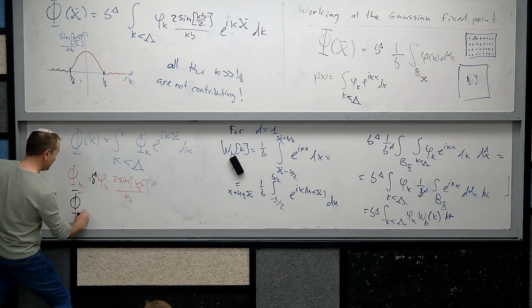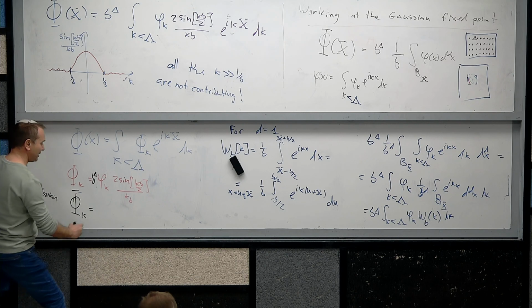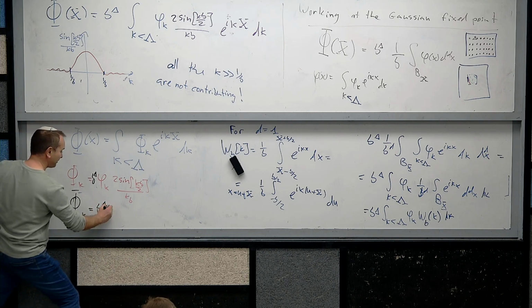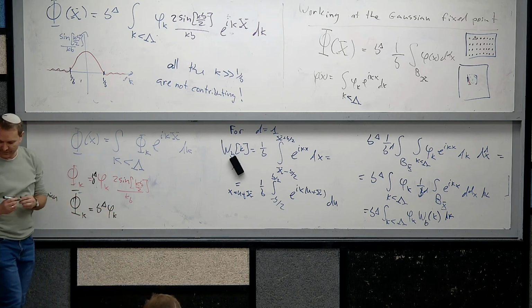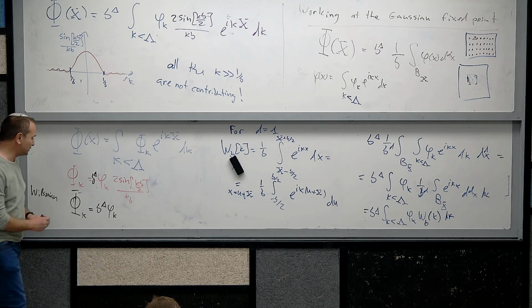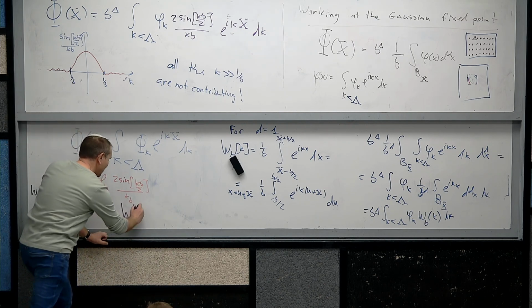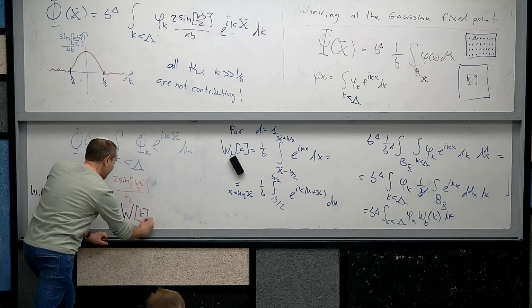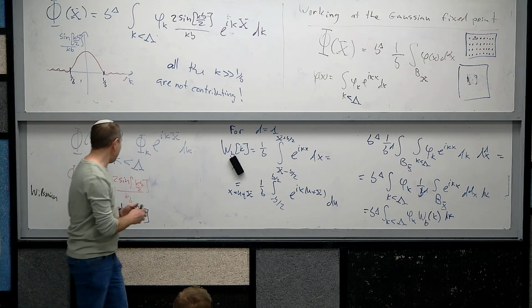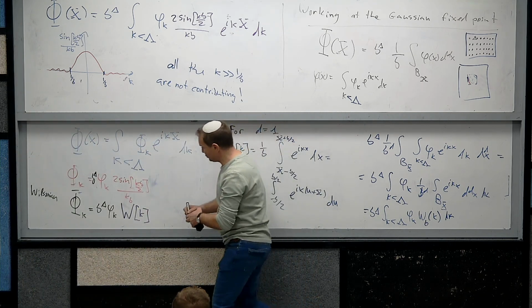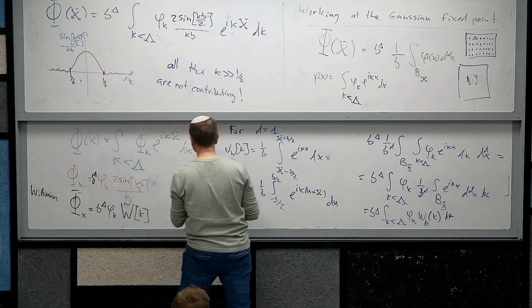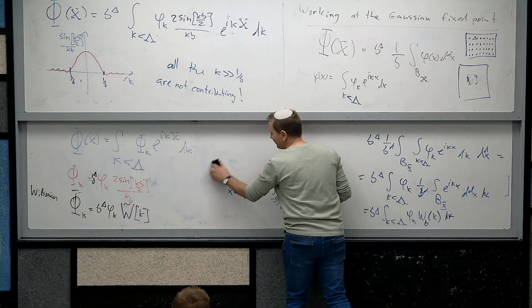Wilson told us that phi of k is b to the delta times phi of k, and here he introduced w of k, or w tilde. We already have it. So what is w of k?